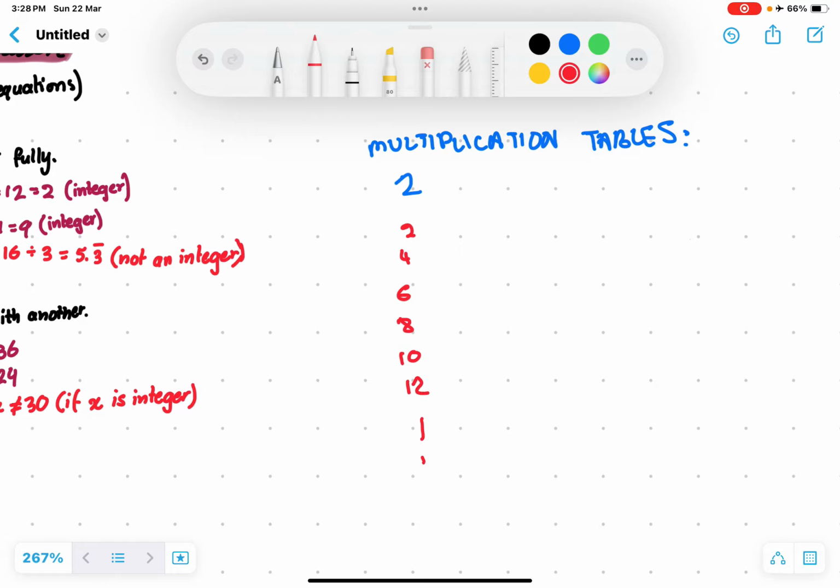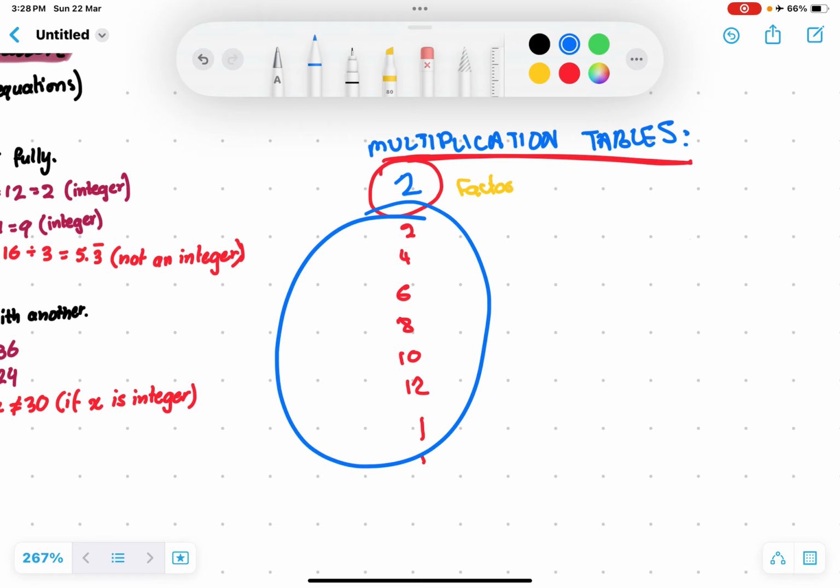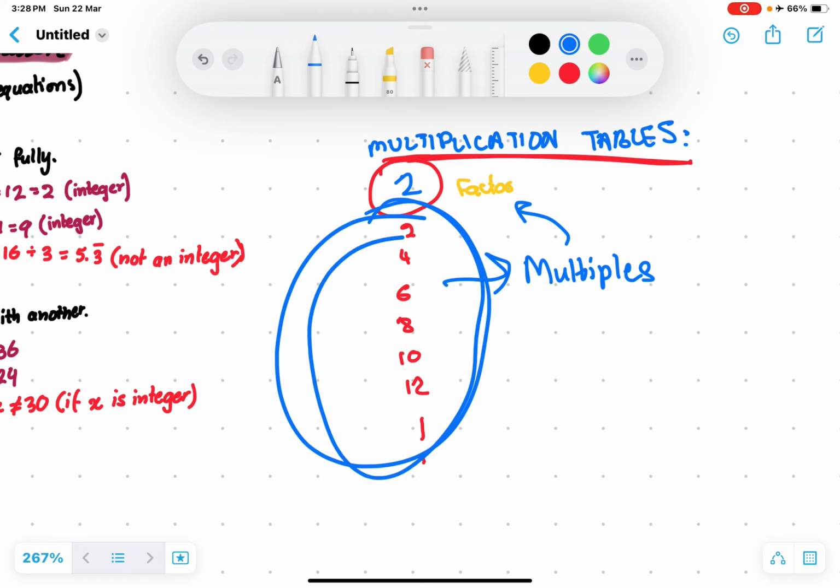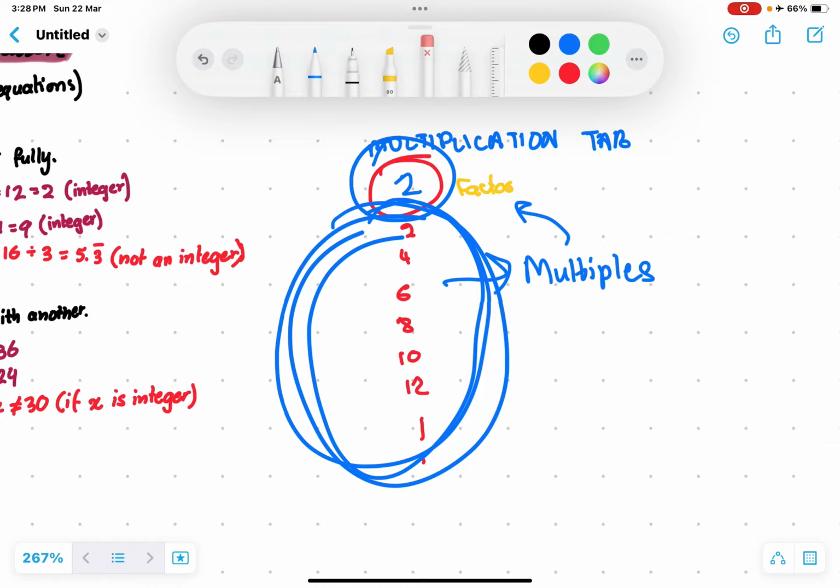Now, what the multiplication table tells us is that this is the factor, and all of these are multiples of that factor. So 2 is a factor of all of these, and these are the multiples. Same with any times table. So that's basically how we think about multiples and factors.